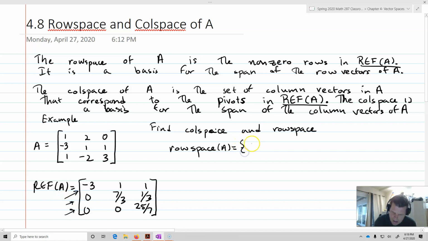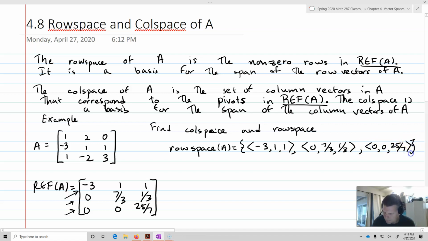And that's -3, 1, 1, 0, 7/3, 1/3, and 0, 0, 25/7. Which, by the way, is in R3. Three vectors in R3, they're all linearly independent. They form a basis for R3.